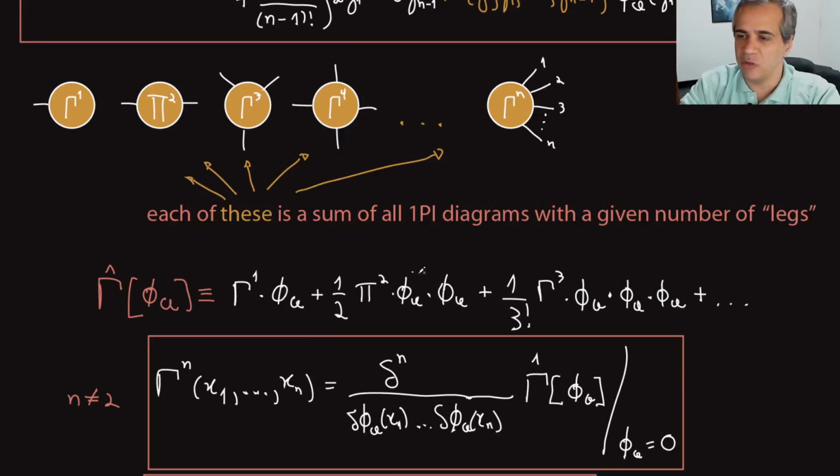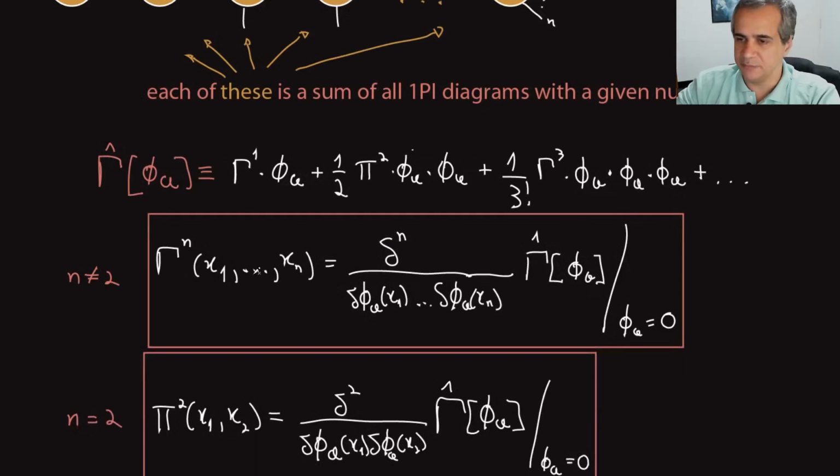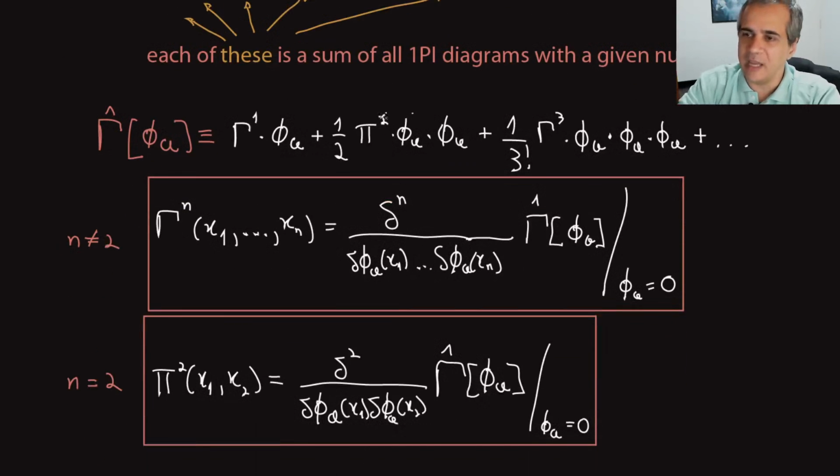Then of course, if I do the appropriate number of derivatives and set the classical fields to 0, I get back these objects. Since I named the sum with two external legs differently, I have to make two cases to write the proper expression, but that's all. And I'll make it clear why I'm doing that in a few minutes, so bear with me.